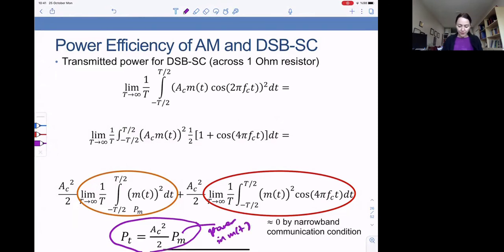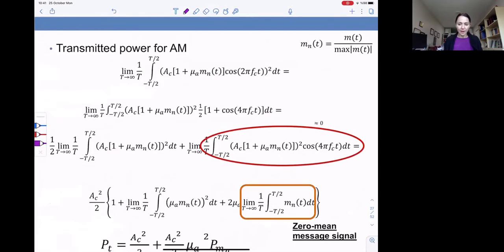Okay. Now let's leave this aside and let's compute the transmit power in AM. We have 1 plus mu A Mn. This stands for, basically, in the previous definition we had Ka times m(t) here. We replaced it by mu A times the normalized version of the message.